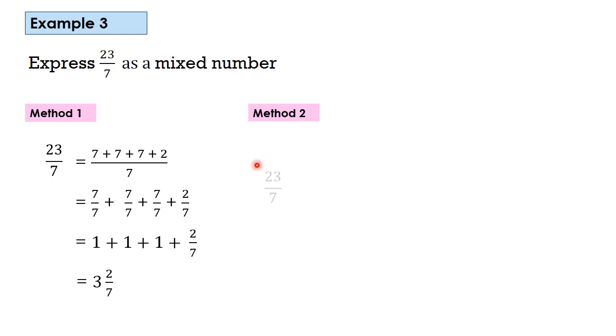Second method. The second method is fairly easier than the first method. Dividing 23 by 7, here 3 times 7 is 21, 2 balance. And let's write the conclusion here. When 23 is divided by 7, quotient 3, remainder 2. 3 and 2 7ths.